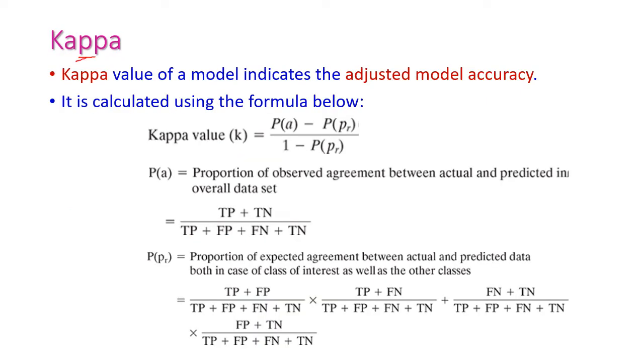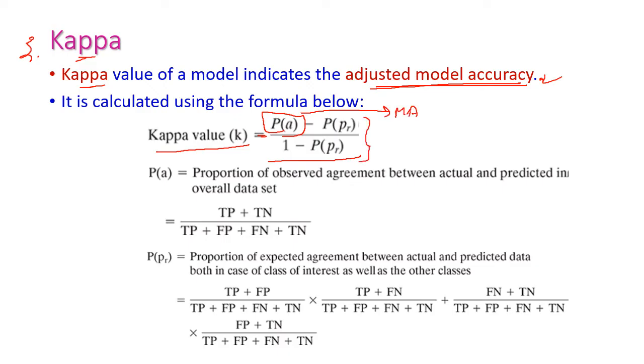The next one is kappa, the third one. This is nothing but the adjusted model accuracy. The formula for kappa is P of A minus P of PR divided by 1 minus P of PR. Here P of A is nothing but the model accuracy, the proportion of observed agreement between the actual and predicted in the overall data set.